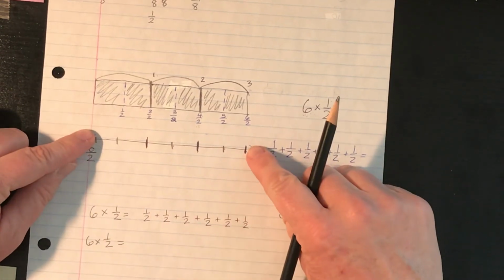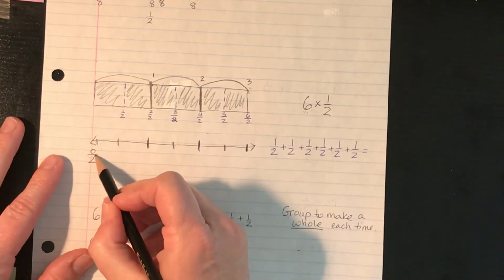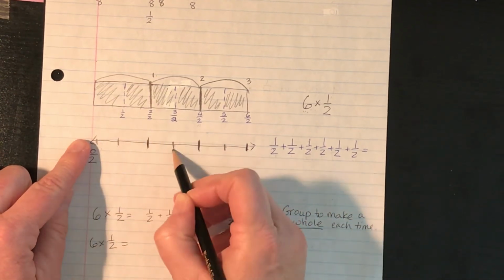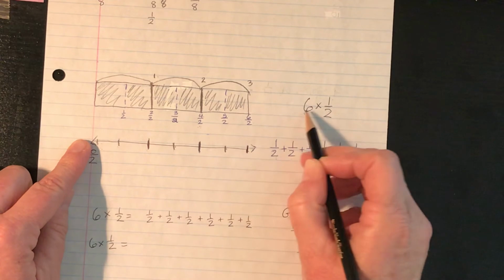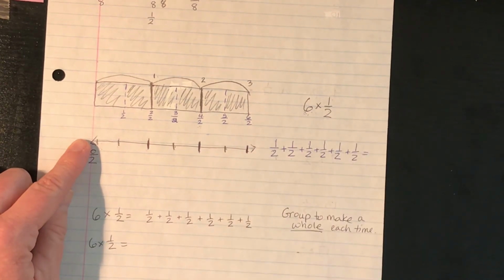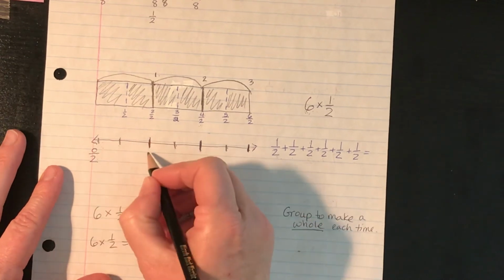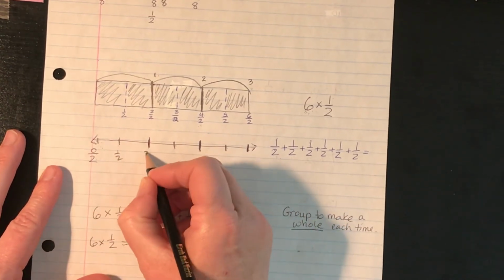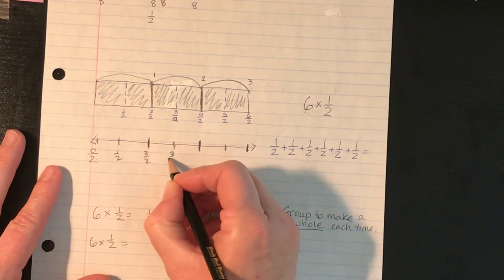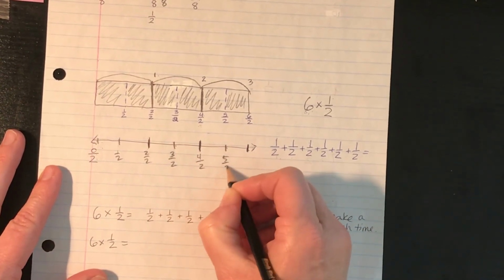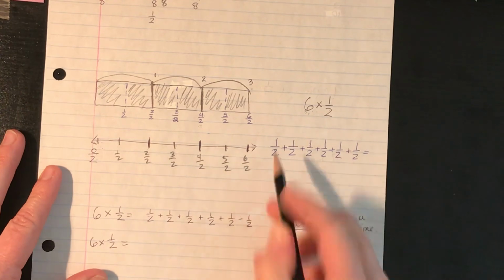So one thing to remember when you're doing this is if you're starting with 0, you're then going 1 line, 2 lines, 3 lines, 4 lines, 5 lines, 6 lines to get those 6 halves. So again, I can see here is a 1/2. Here's 2 halves, 3 halves, 4 halves, 5 halves, 6 halves.